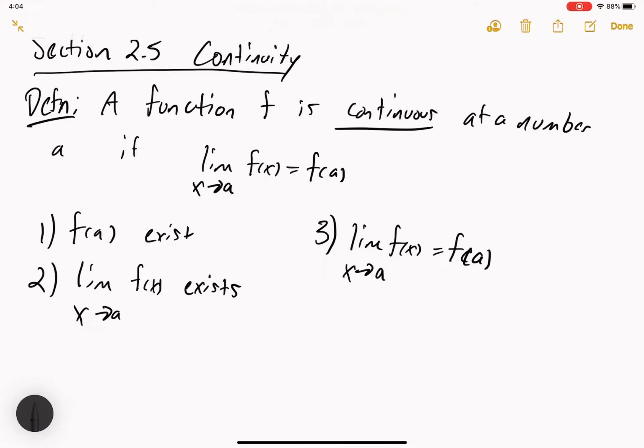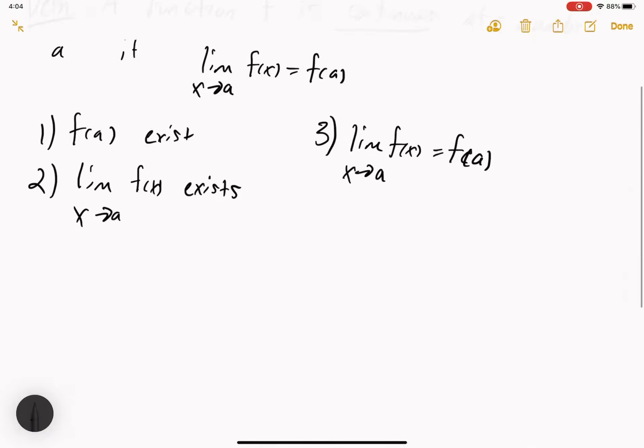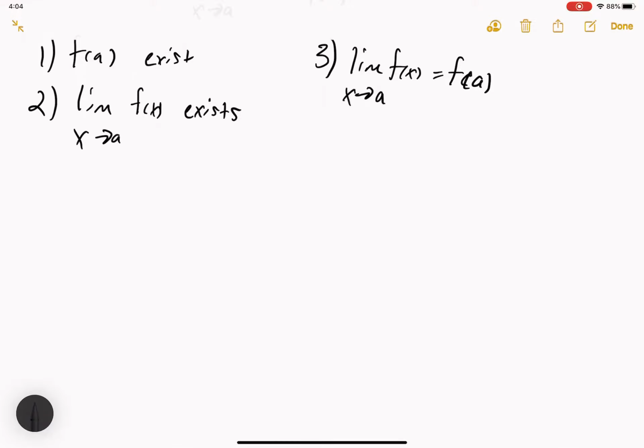We say a function is discontinuous at a if this is not true. Let me just clarify.